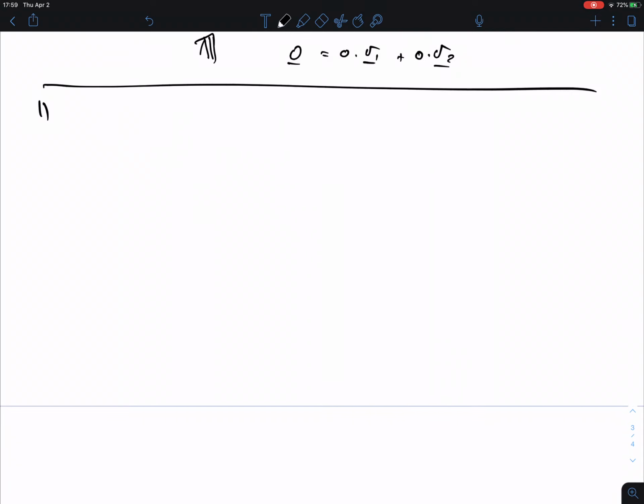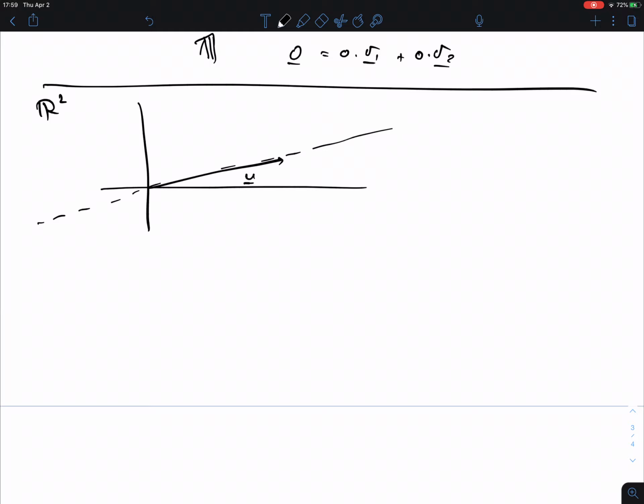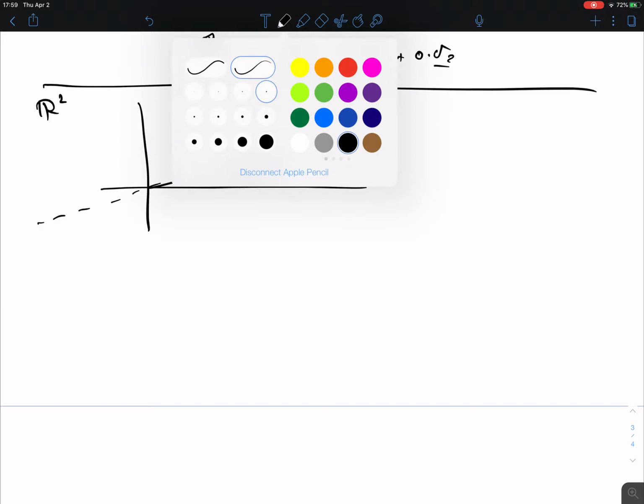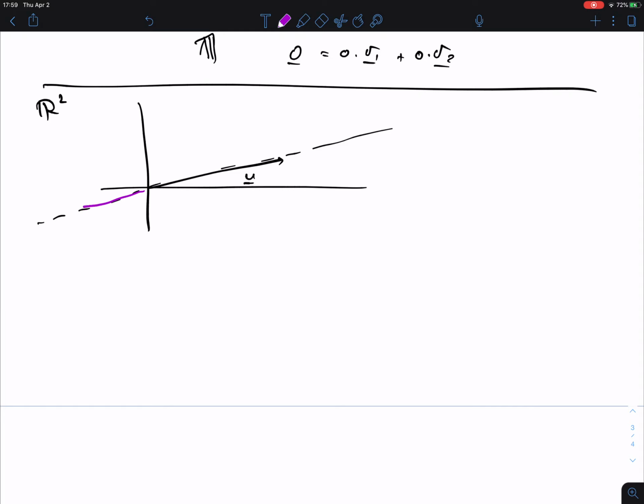So let's now look in R square. And suppose we have two vectors in R square. What are the possibilities? Well, here's my first vector. Let's call this u. And now the second vector. If the second vector lies on the same line, but remember, it could be, for instance, pointing the other way, but it's on the same line. What does that mean?